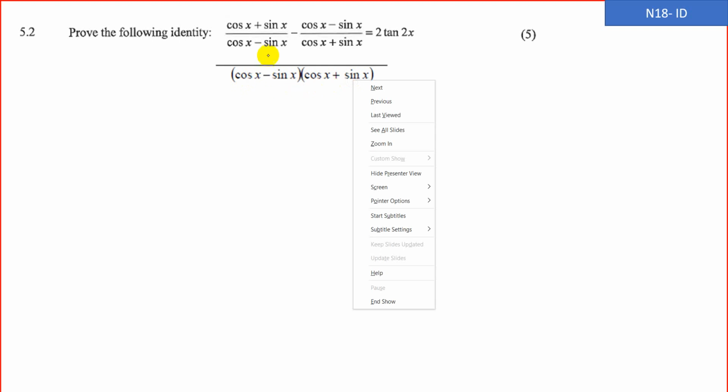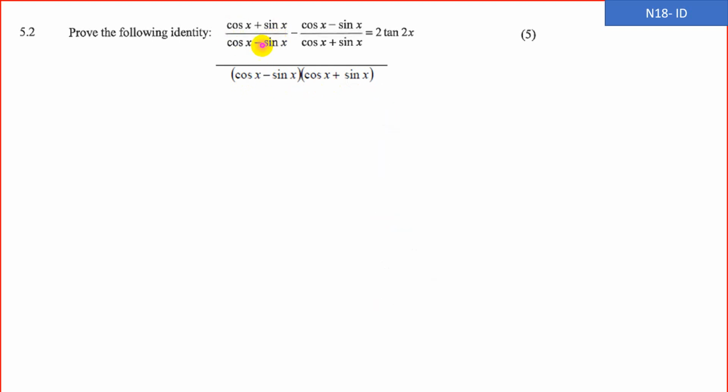So the first thing we're going to do with our first term, to make the denominators the same, we're going to multiply the numerator by cos x plus sin x. With the second term, because the denominator is cos x plus sin x, we're going to multiply the numerator by cos x minus sin x.